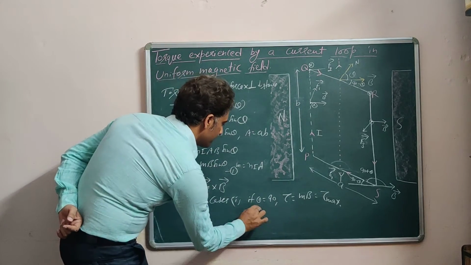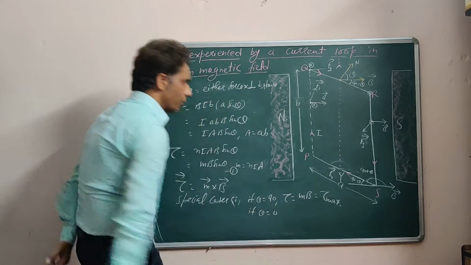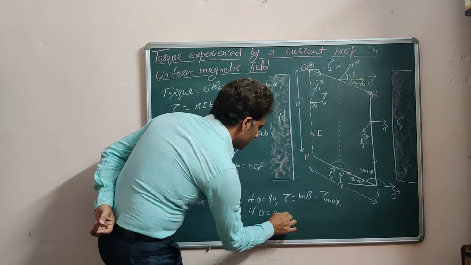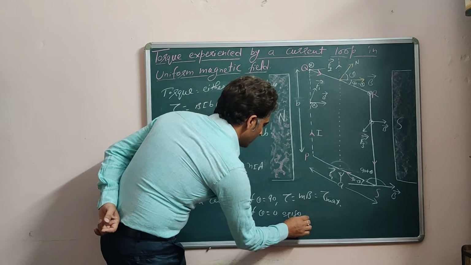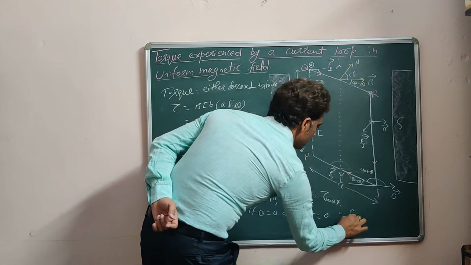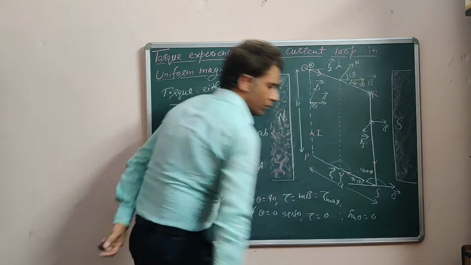If theta is equal to 0 or 180, in that case torque will be equal to 0, because sine 0 is equal to 0.